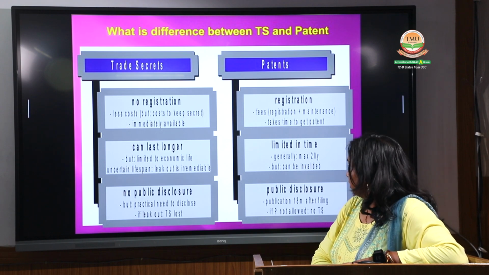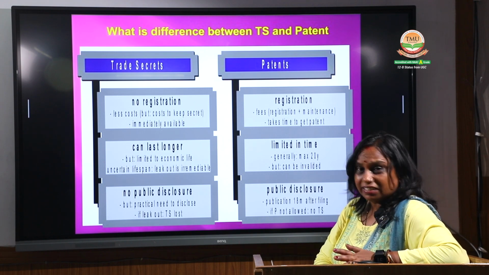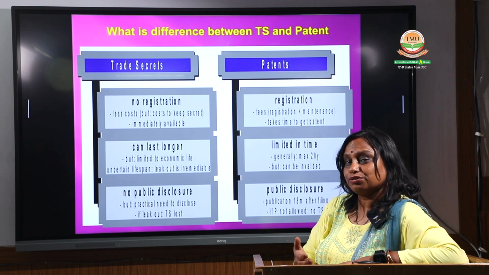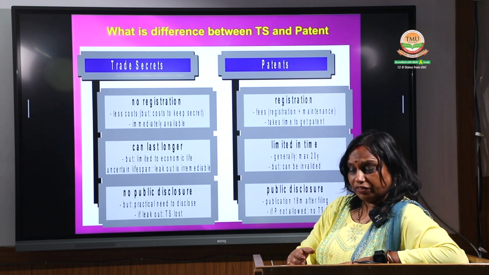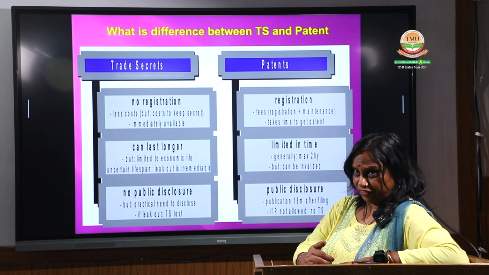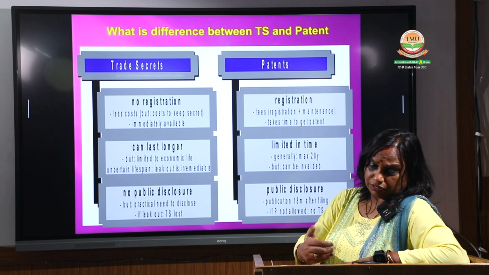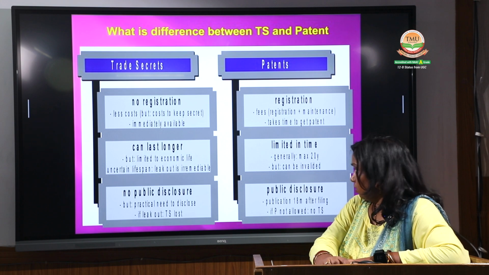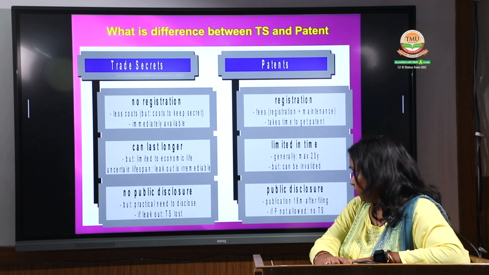No public disclosure is required for a trade secret, but in the case of patents, you have to disclose to the government whatever your specification and invention is, for the purpose of publication.